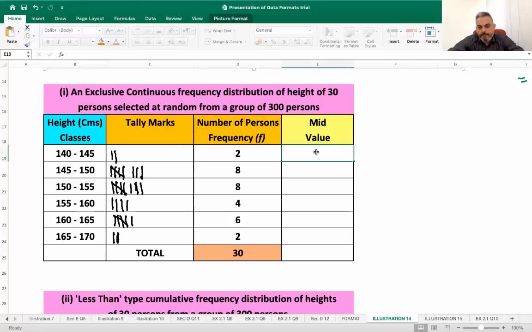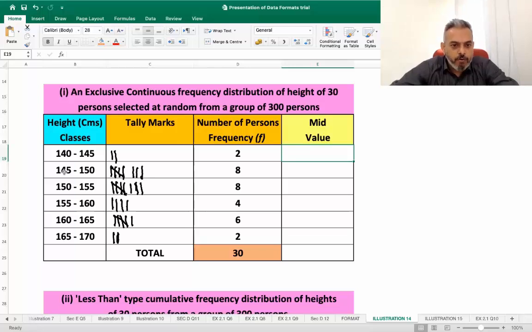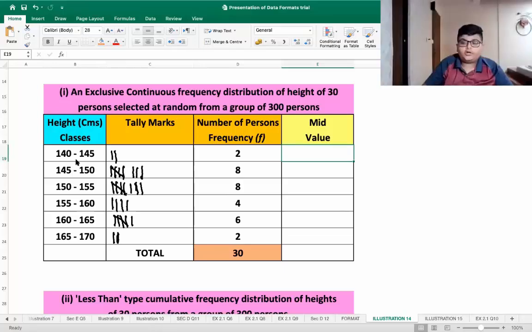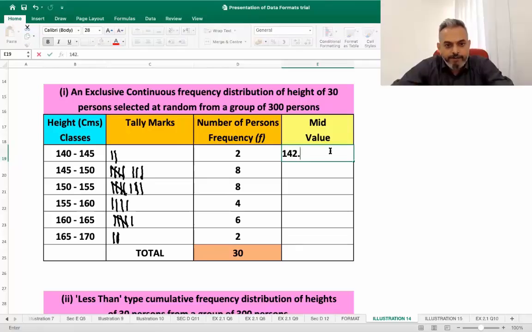Let's find the mid value. The formula is very simple. You all know the formula of mid value: lower limit plus upper limit divided by 2. So take a calculator. 140 plus 145 divided by 2 is 142.5. Then 147.5.